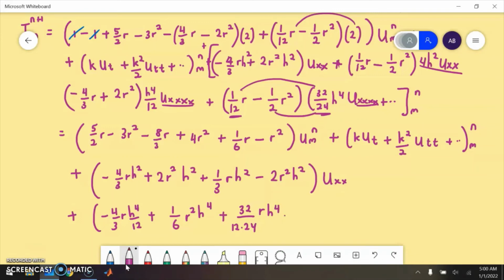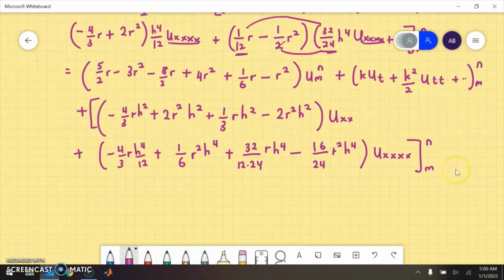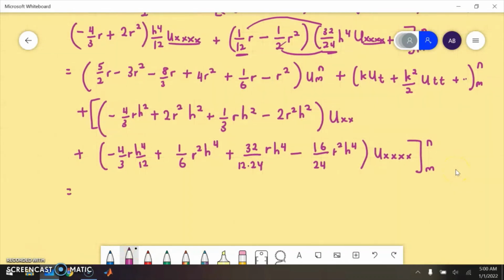This 2 would be negative 2 and 32 will be 16 over 24 r squared h to the power of 4. This is uxxxx. Now don't forget this whole term here. Okay, this looks much better than earlier on. So all you have to do is simplify and see what terms are left.